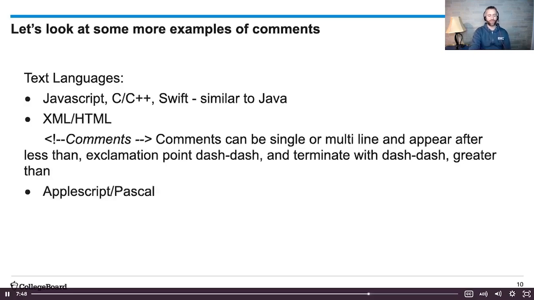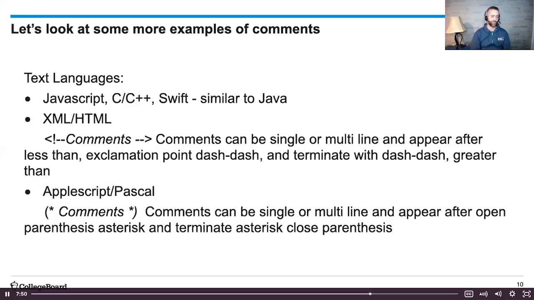AppleScript or Pascal use a commenting scheme that looks like this with parentheses and the asterisk. All right, and these are just a couple of examples of text languages and their commenting schemes. But there's tons and tons of other languages, and some of them use similar commenting schemes, others use different ones. You just have to look up in the programming language documentation what their commenting scheme is.